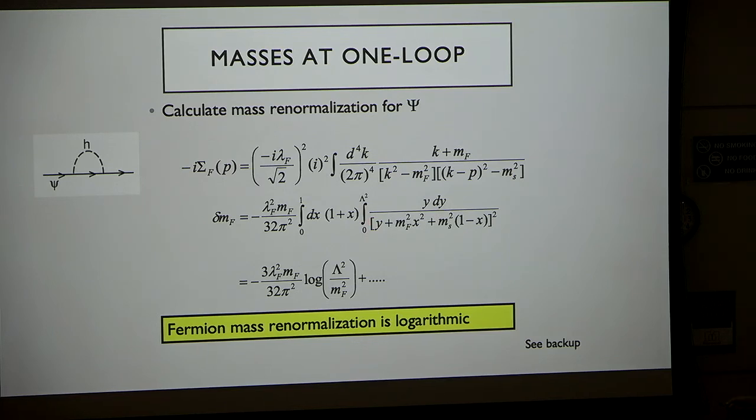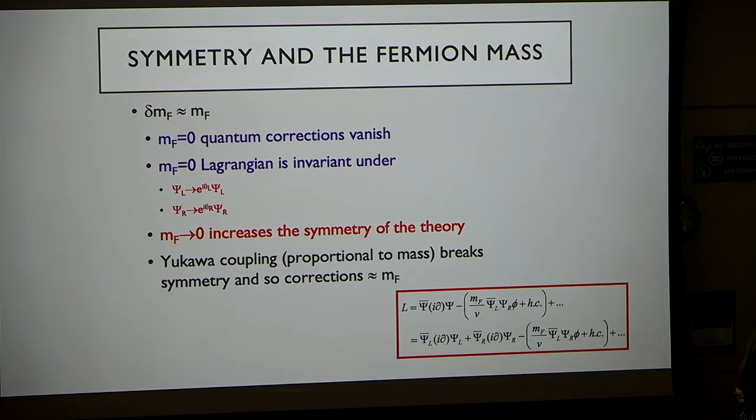And when I do that, what do I get? The renormalization of the mass of the fermion is the mass of the fermion times a logarithm, plus a bunch of other stuff I don't care about. So the fermion mass renormalization is logarithmic. It's also proportional to the mass of the fermion. So if the mass of the fermion is 0, these quantum corrections vanish.